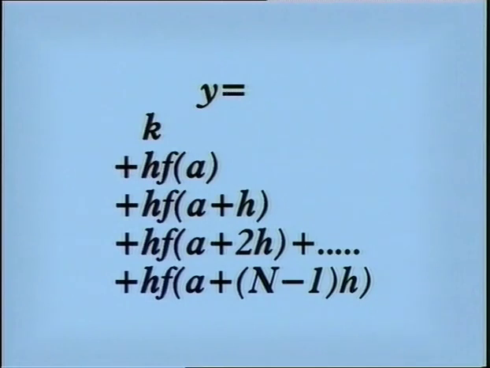This is an approximation to big F at b, provided that big F at a equals k.